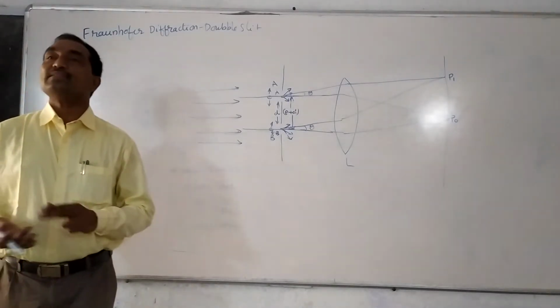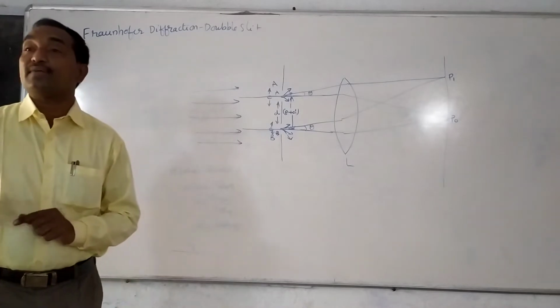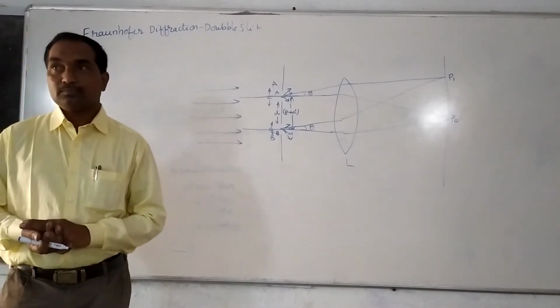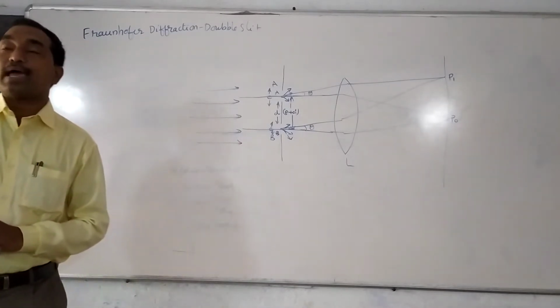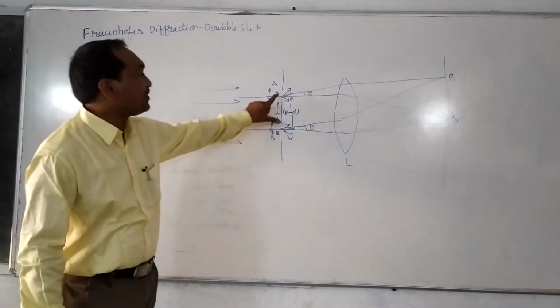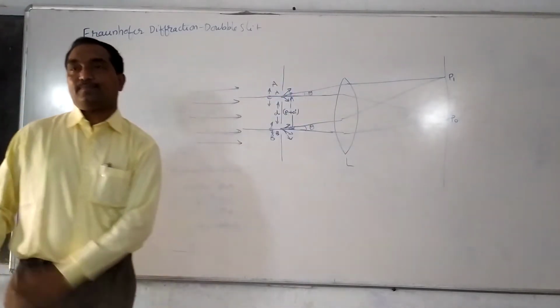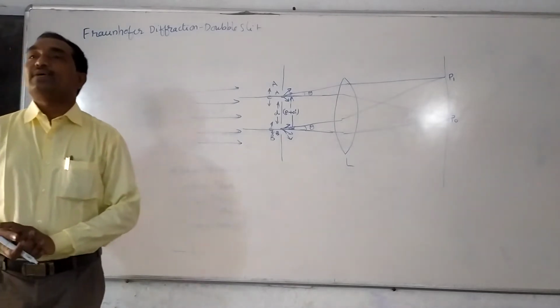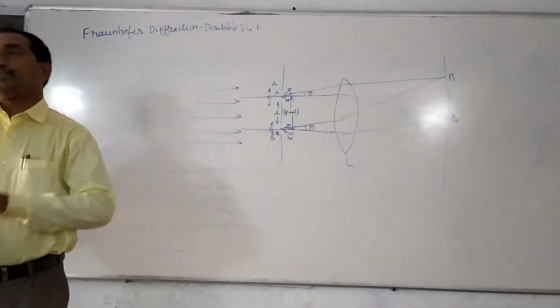We know the intensity always depends on the square of the amplitude, and the amplitude depends on the phase difference of these two rays. So first, what is the amplitude due to the single slit?